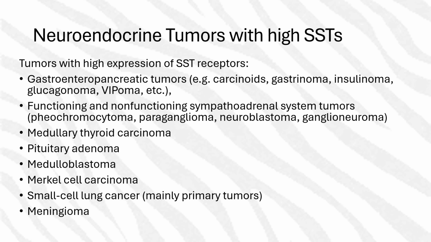Paragangliomas are essentially pheochromocytomas that occur outside of the adrenal glands. Neuroblastomas, which are typically but not always located away from the brain. Ganglioneuromas, medullary thyroid carcinomas, pituitary adenomas, medulloblastomas, Merkel cell carcinomas, small cell lung cancer when these are primary tumors, and then meningiomas, which occur in the brain.